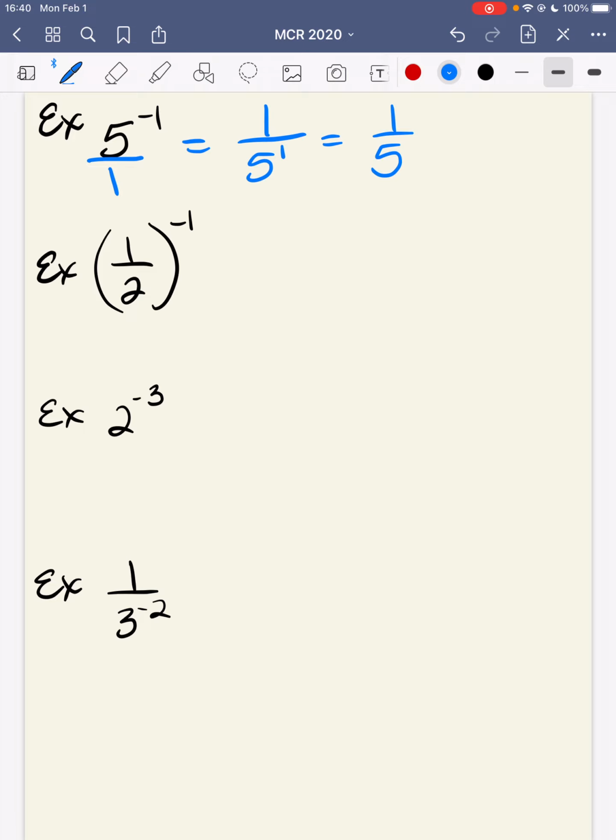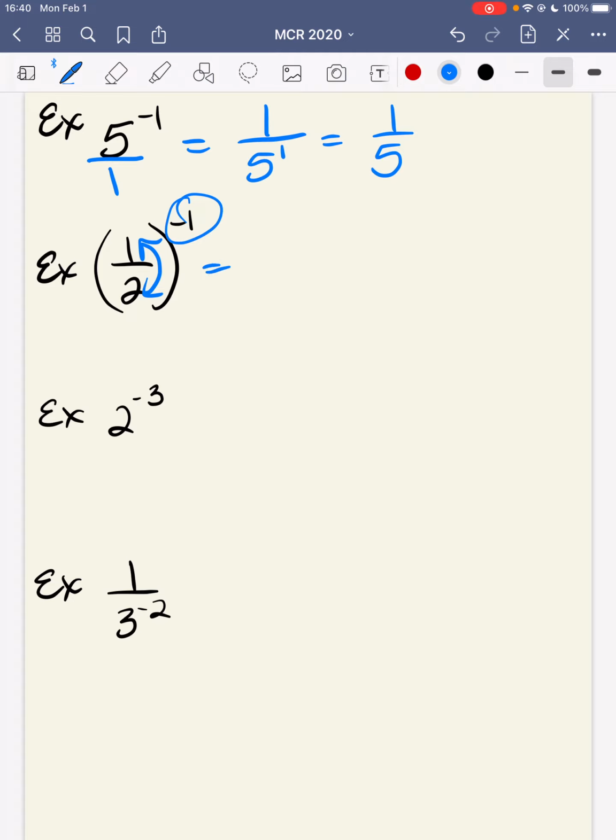Additionally, if we have a negative exponent on the outside of something, that means that each of the pieces inside are taken to a negative exponent, which means what we need to do is switch our numerator and denominator because they're both being taken to a negative 1 power. All right.